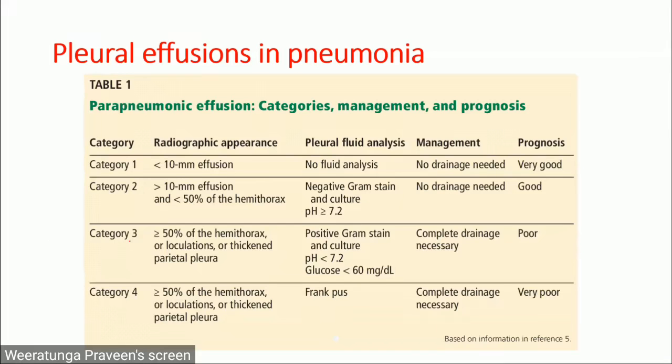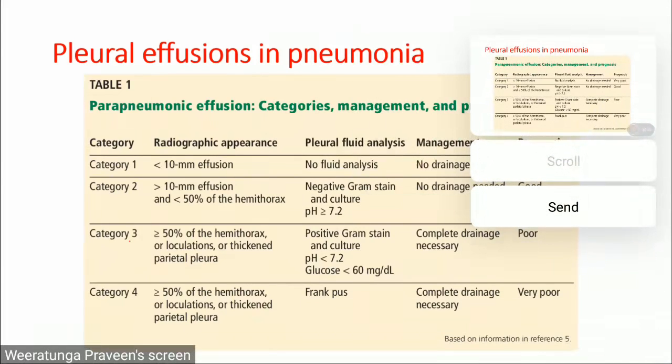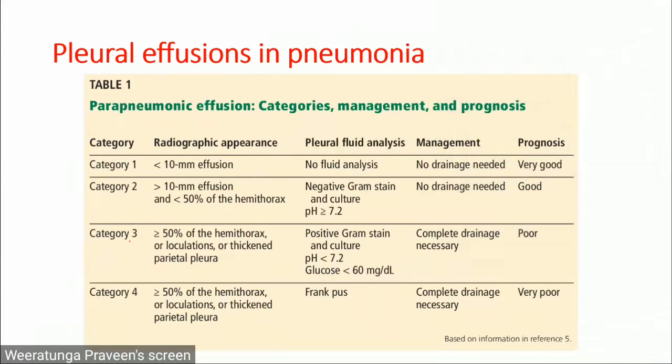Now, what are the features of an empyema? Number one, when you aspirate them, they will have frank pus. Feature number two, if you stain their pleural fluid, it will be positive gram stain and culture.